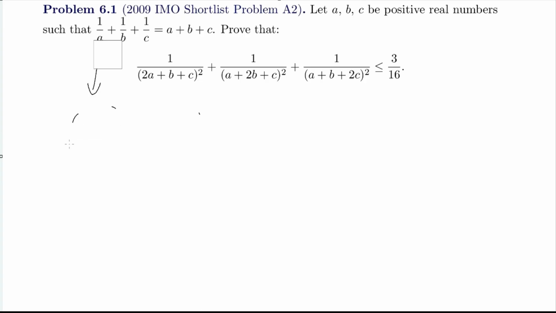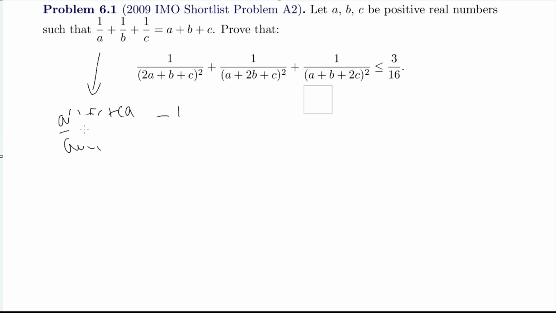And because we have degree -2 down here, we can rearrange it into ab plus bc plus ca over abc times a plus b plus c is equal to 1.